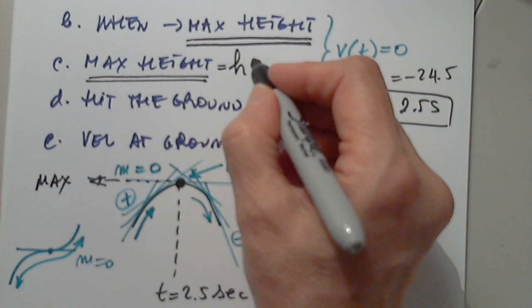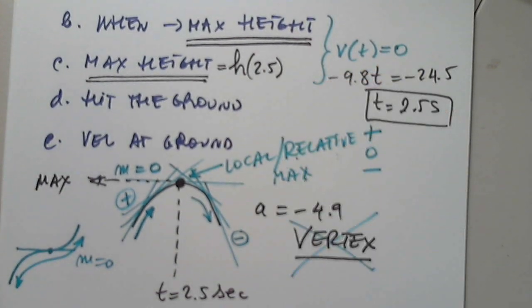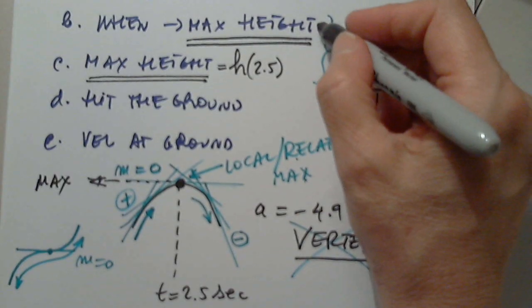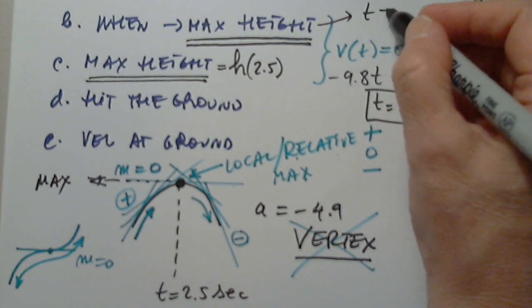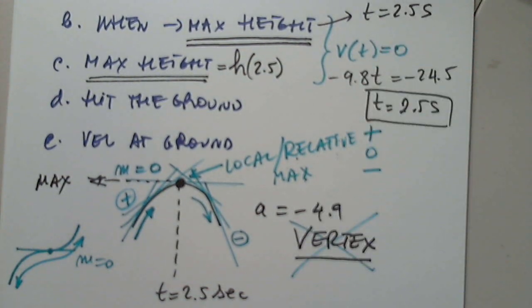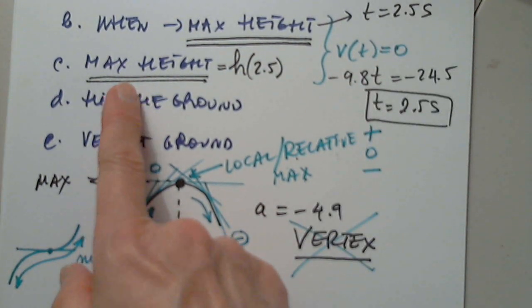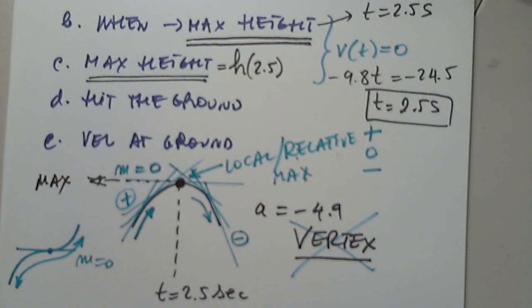So this will be h of 2.5. This is when? Well, t equals 2.5 seconds. How much? It's h of 2.5. This was the derivative. I don't need the derivative right now. You can stay there patiently.